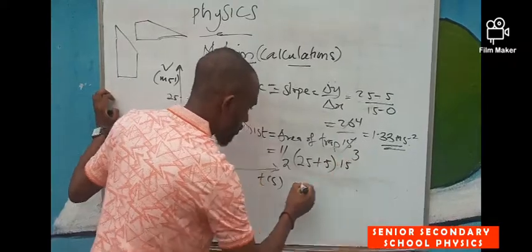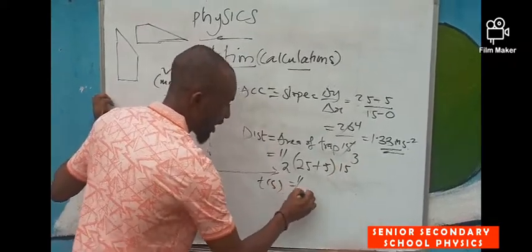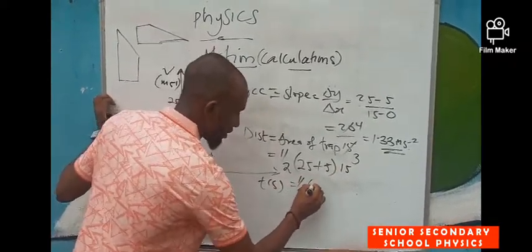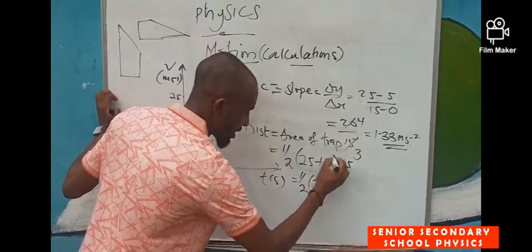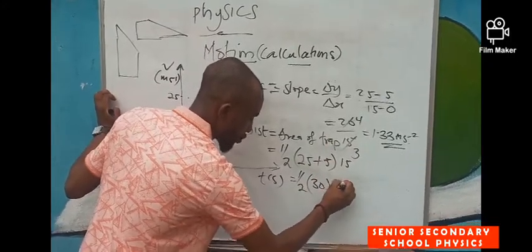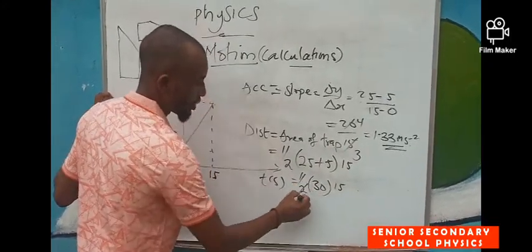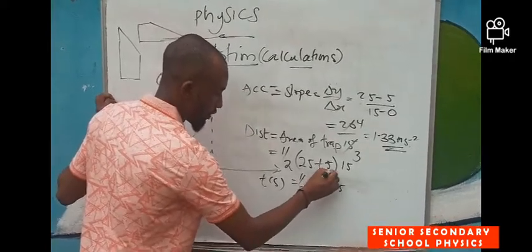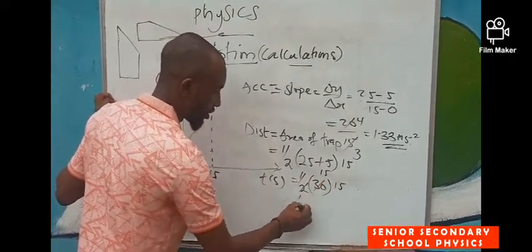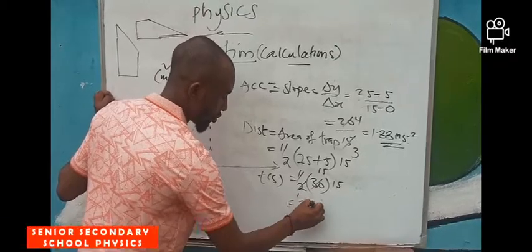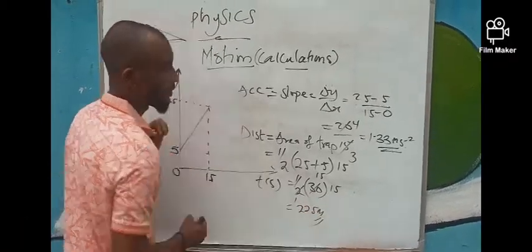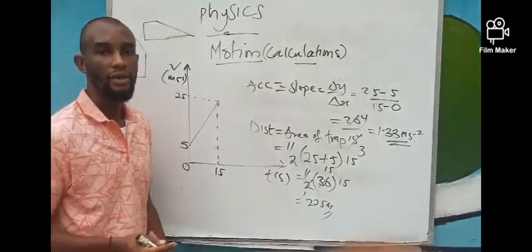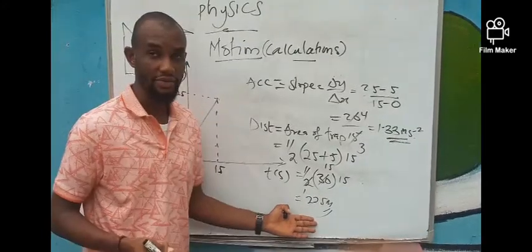So this will be half in brackets 30 times the height, 15. Half into 30 gives us 15, and 15 times 15 gives us 225 meters. So that is the distance.